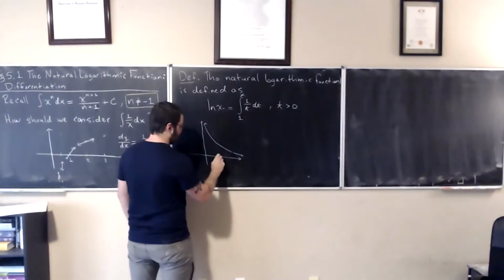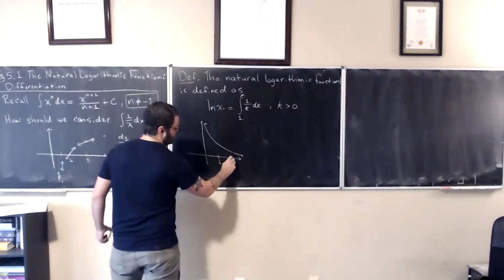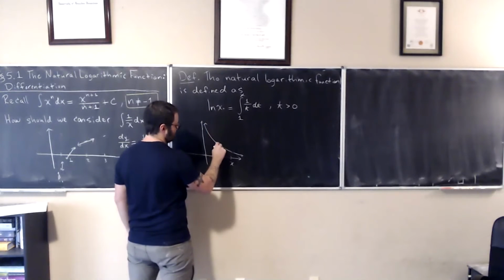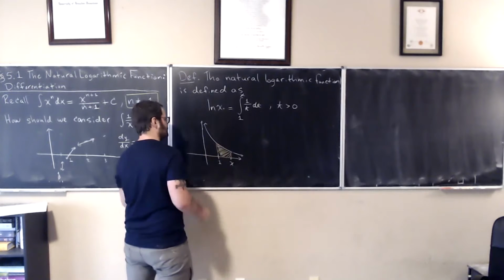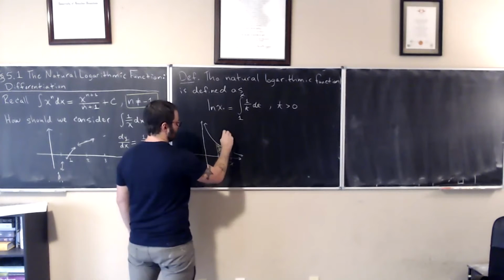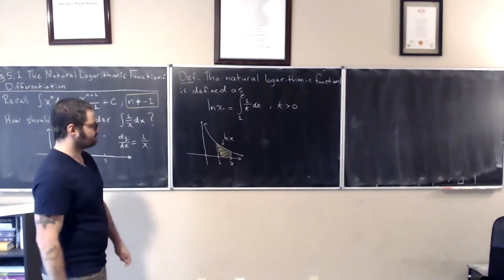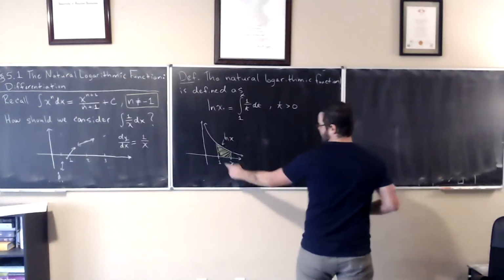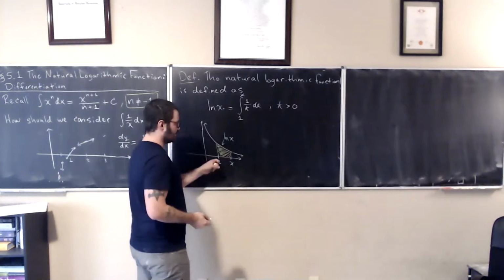So if this is 1 right there, and x would be maybe right here, then this value is equal to this area. So this right here would be the value of ln of x, natural log of x. And we see that if x is greater than 1, then this is going to be a positive area, some positive number. So we can observe two things right off the bat here.